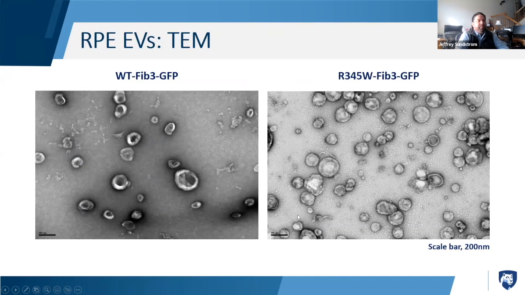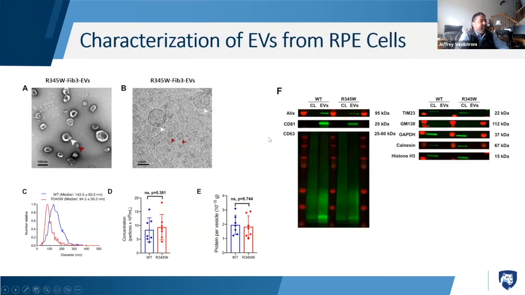To verify the quality of the prep, we used TEM. Here's wild type EV secreted from cells expressing wild type fibulin, and here are the EVs secreted from cells expressing mutant fibulin. One of the things that jumped out at us after looking at these images for a while is that there seem to be multiple distinct populations of EVs, particularly in the cells expressing mutant fibulin.